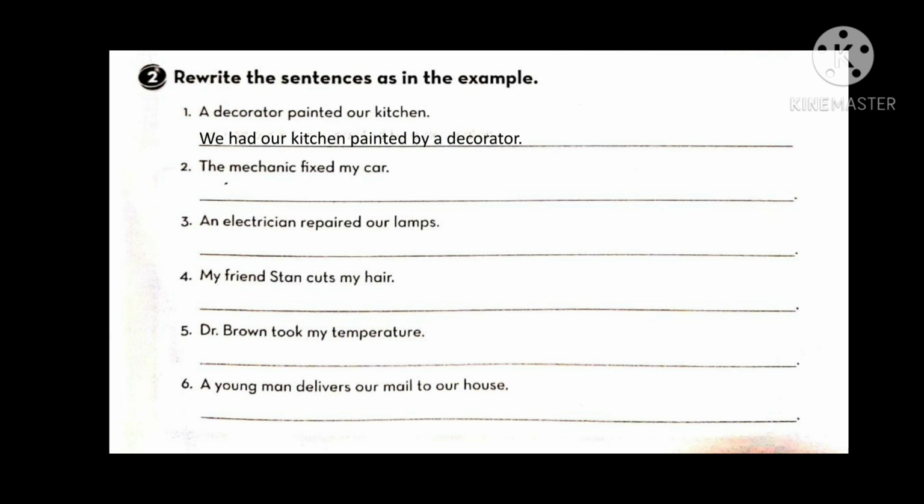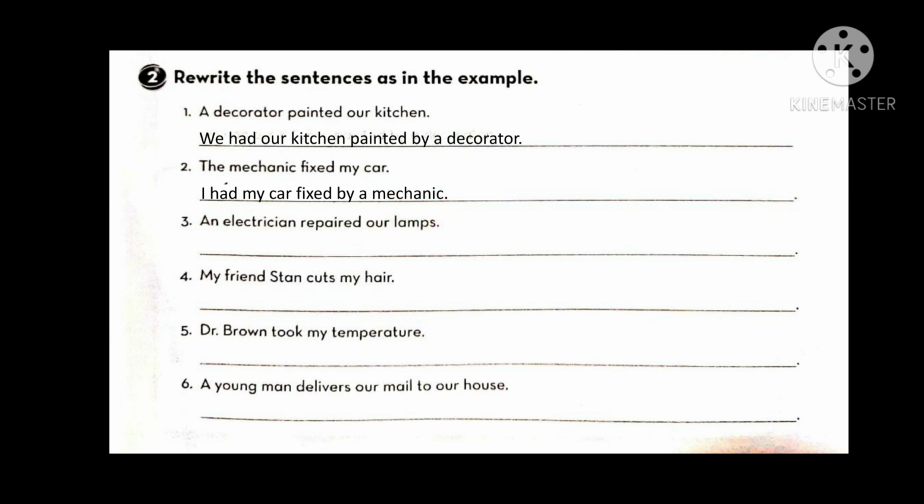Fixed, verb 2. So this is simple past form. Excellent. I have or has or had. I had my car fixed by a mechanic. That's right. I had my car fixed. Had object verb 3. Number 3, an electrician repaired our lamps.